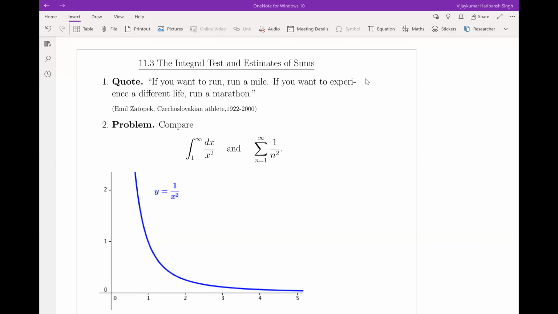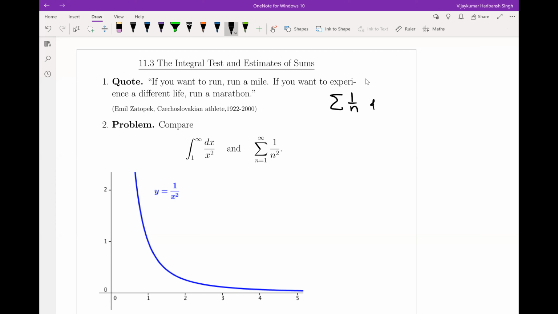So we want to find out the convergence of these series, namely summation 1 by n and summation 1 by n square to start with.